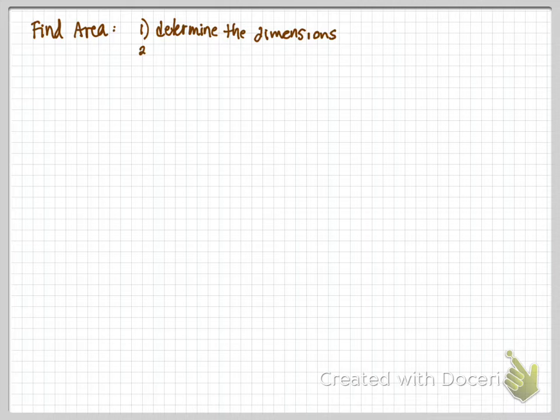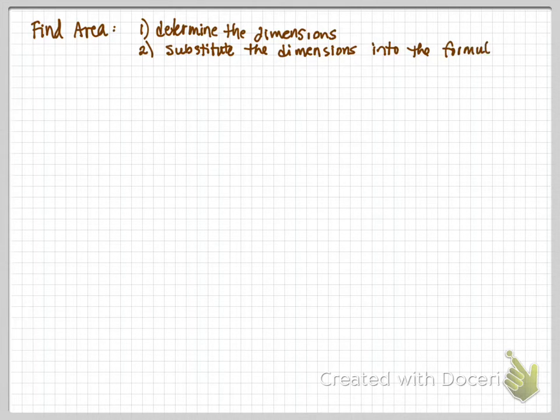The second thing we're going to do is substitute the dimensions into the formula and solve. By the way, don't forget to write that special word, wind, at the top of your notes.